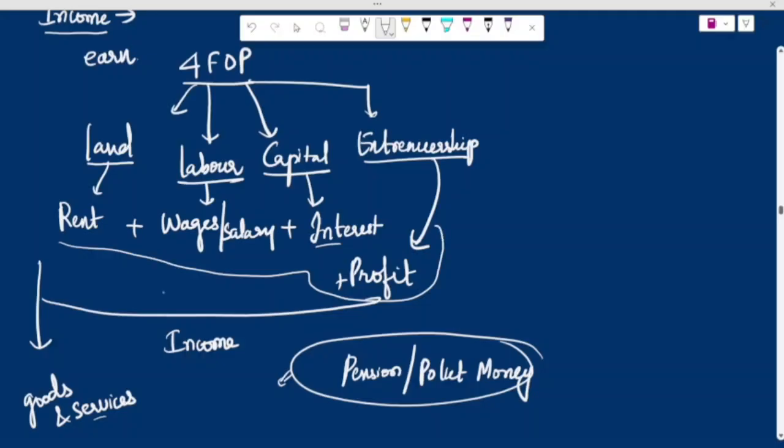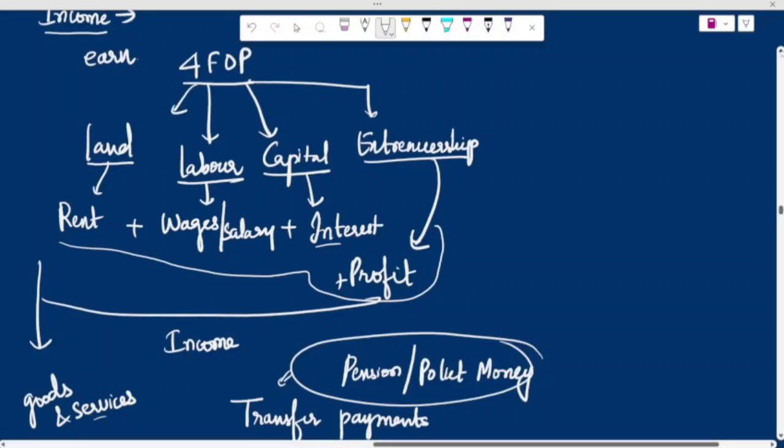Pension, pocket money, the government schemes money which you get from government without giving any of your four factors of production is called transfer payments. Now we can combine a word called national income.